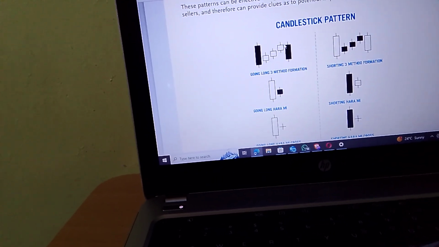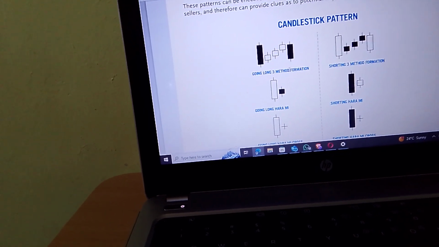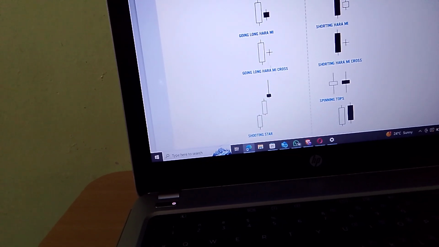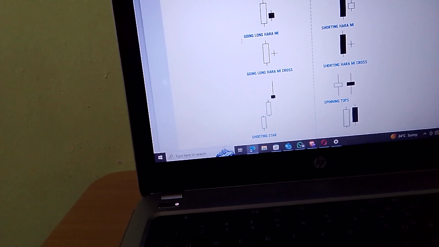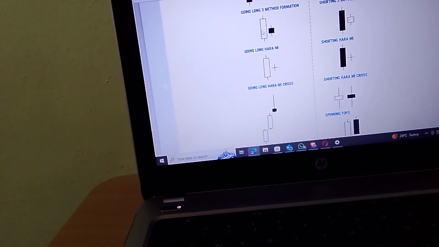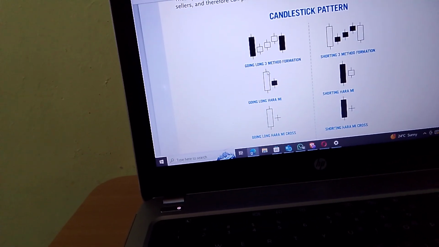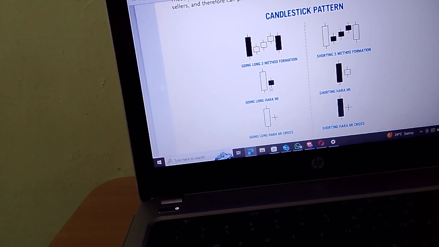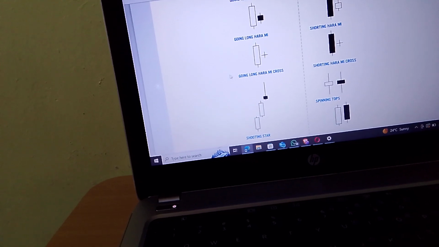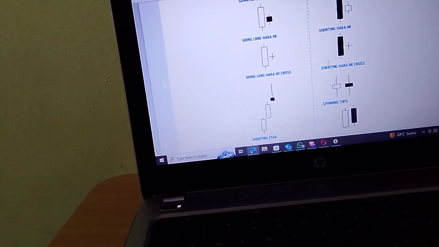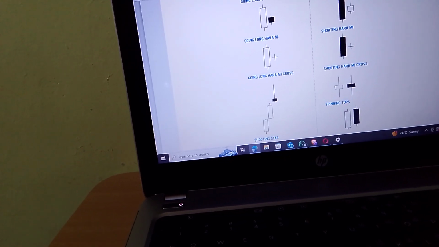This one has three uncolored in between and one colored to the sides. We'll look at that. Going long harami. I don't know whether it's pronounced that way. Okay, going long harami, and shorting harami, we'll see that. And then going long harami cross and shorting harami cross.